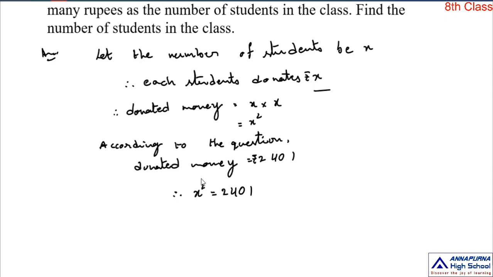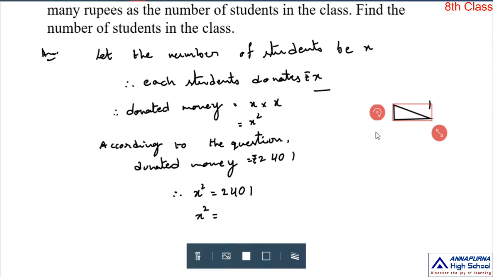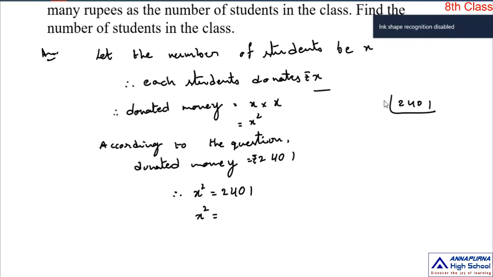That means this 2401 is the square of one particular natural number. We find it. So this 2401 is the square of which natural number? For finding it, let's find out the prime factorization of this 2401. It's divisible by 7. How many times? 343 times.